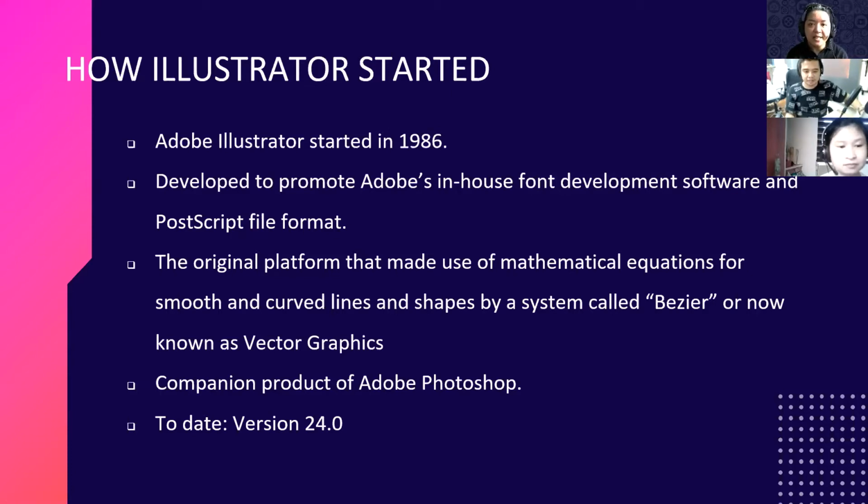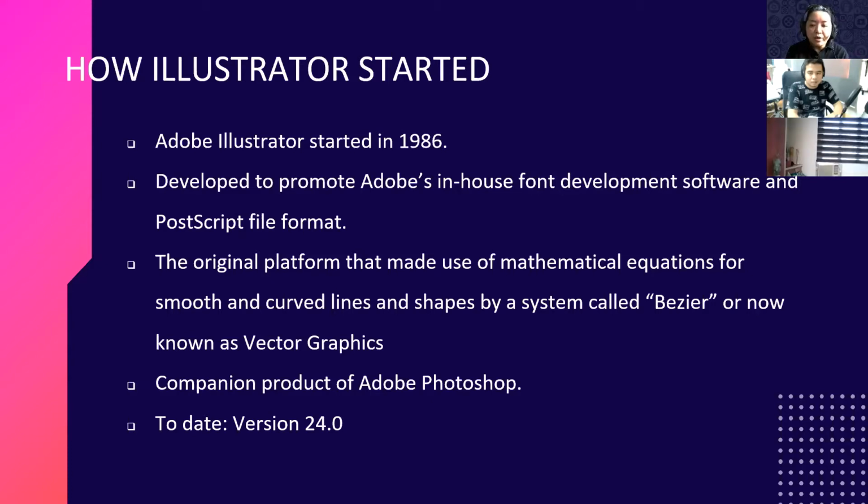It started in 1986. Initially, they just designed it to promote a product, which is yung PostScript file format. So it was designed to promote Adobe's in-house font development software and the PostScript file format. Originally, it was also tagged as a companion product of Adobe Photoshop, no?